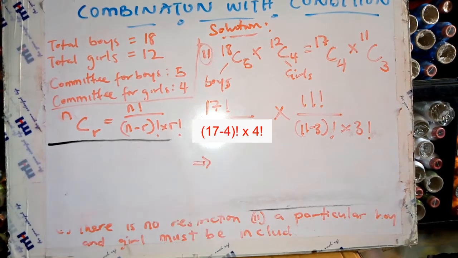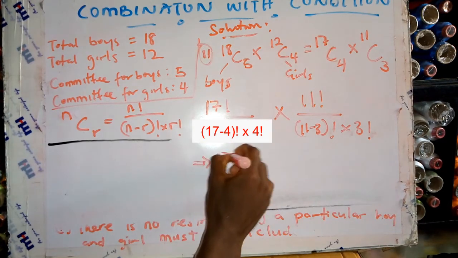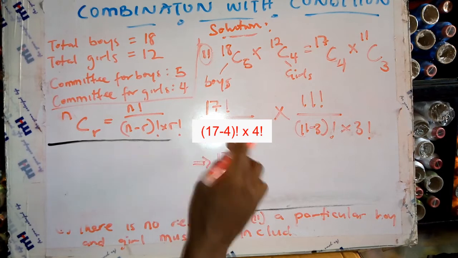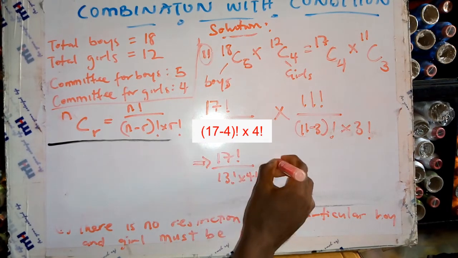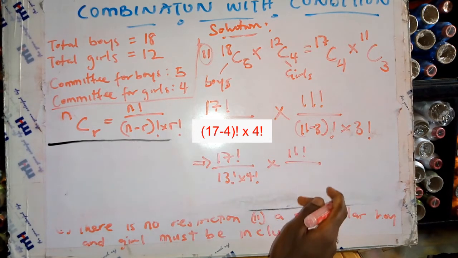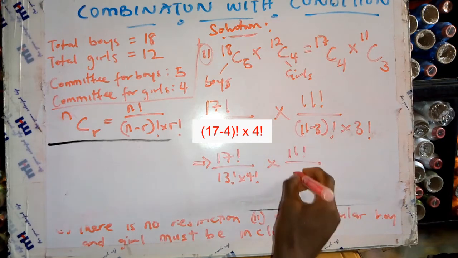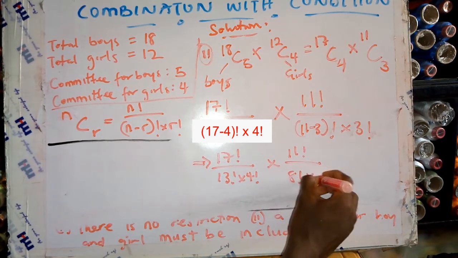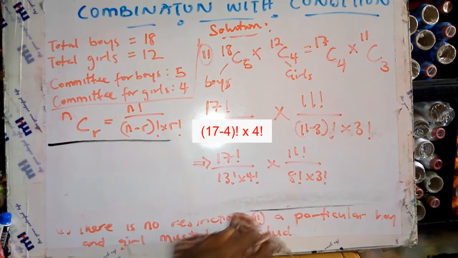If you simplify this further, that will be 17 factorial over 17 minus 4, that is 13 factorial times 4 factorial, times 11 factorial over 11 minus 3, that is 8, so 8 factorial times 3 factorial. So let me wrap up the question.